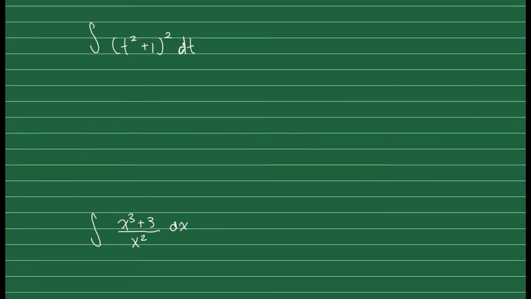On this one we have to go ahead and undo this binomial that is being squared. We need to expand it, so this is equal to the integral of t squared plus 1 times t squared plus 1, with respect to t.